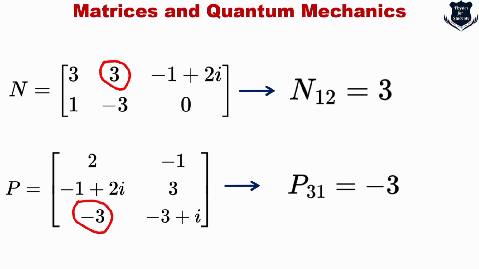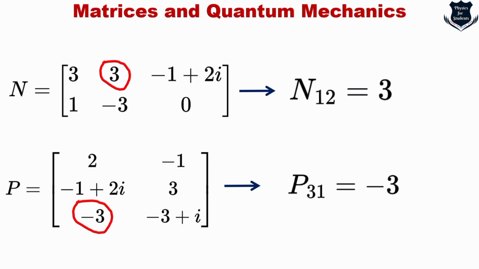Obviously P23 is not defined, as P has only 2 columns. So as you see, at first glance there doesn't seem to be much intuition about matrices, but we will see soon that a matrix can be thought of as a mathematical object acting on vectors, right? So you have to bear with me for the next video part, because we will look more into matrices.